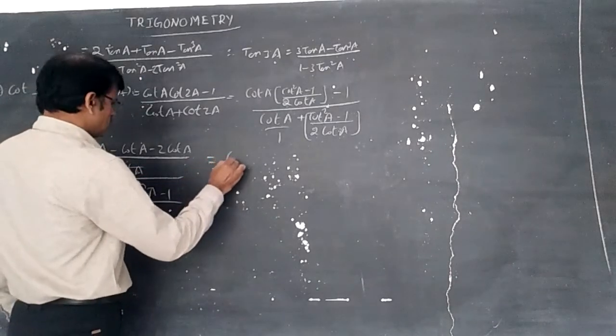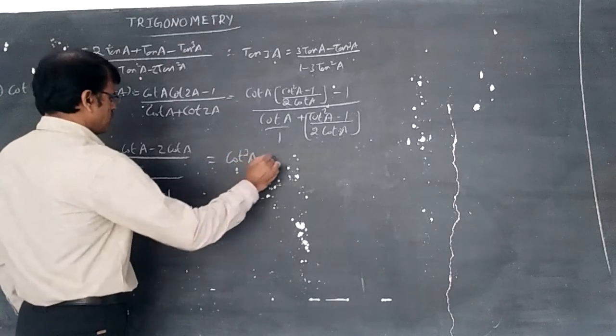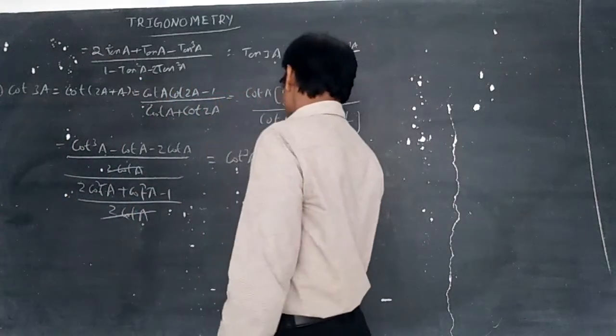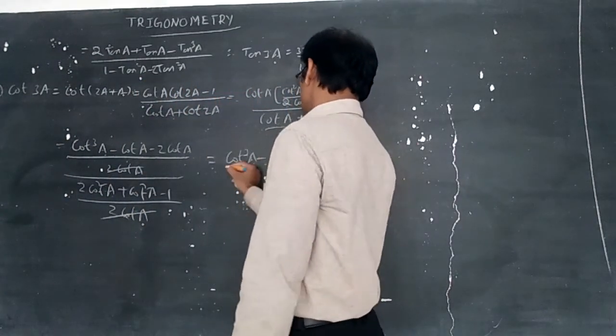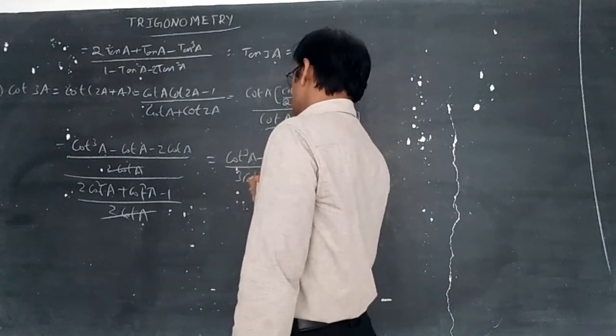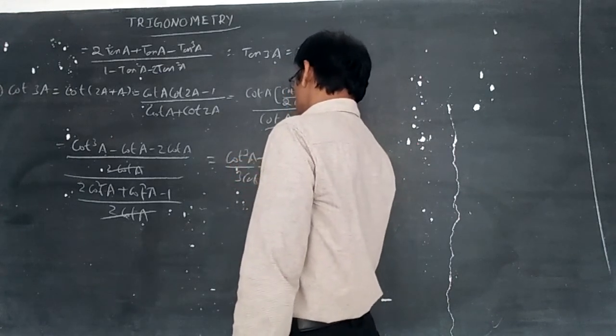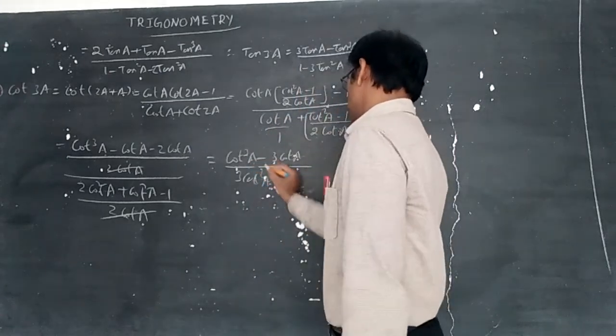That is equal to cot cube A minus cot A minus 2 cot A, which becomes 3 cot A, by 3 cot square A minus 1, that's all.